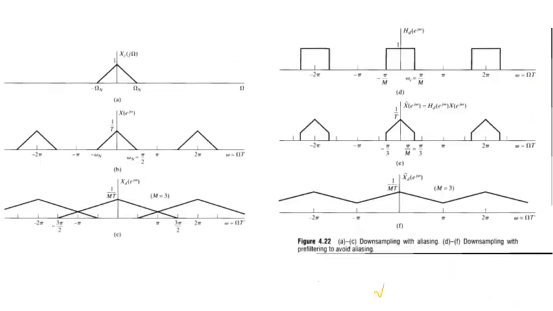In this slide we will talk about downsampling without using pre-filtering and with using pre-filtering. If we do not use pre-filtering, the copies will mix up, as you can see here in figure C, and you can see in figure F that we have done the same downsampling, but the copies are not getting mixed up. So first of all, this is our spectrum.